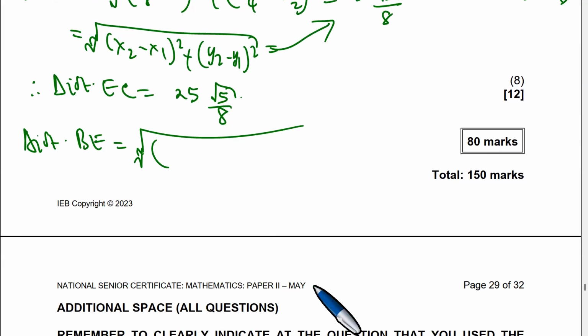Obviously, we are using the distance formula: the square root of (x2 minus x1) squared plus (y2 minus y1) squared.